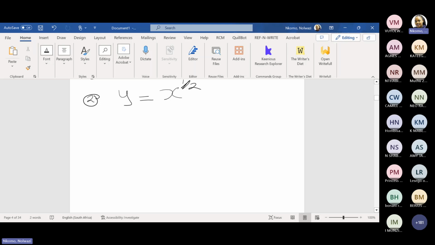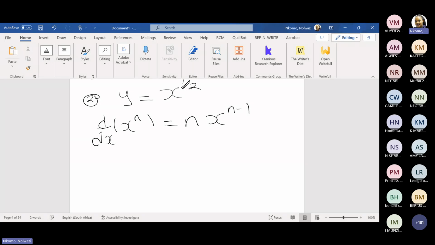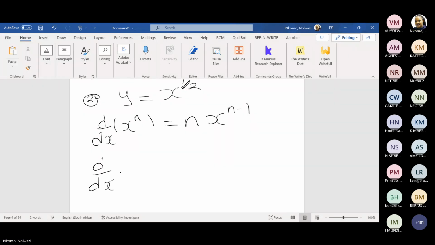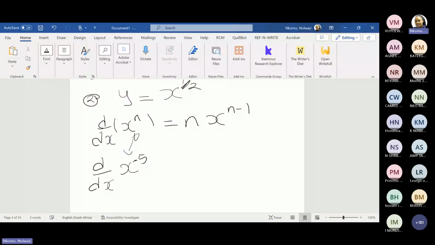We said d of dx of x to the power n is equal to n x to the power n minus 1, right? Now let's say we have x to the power minus 5. If you compare these two functions, you can conclude that your n is now minus 5.